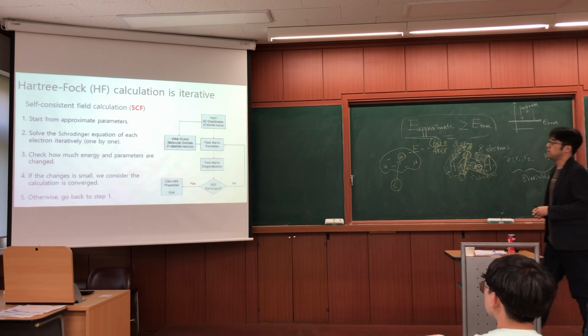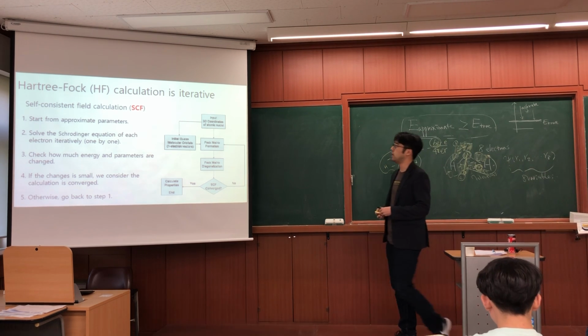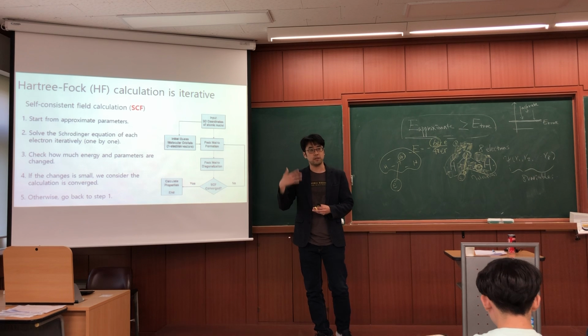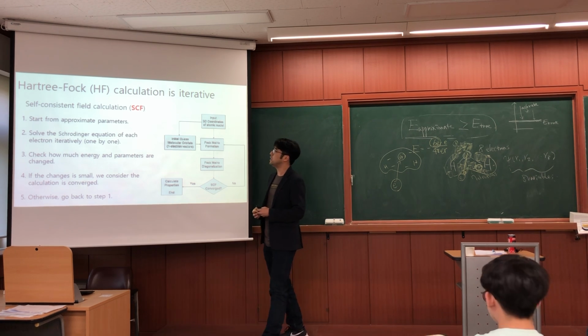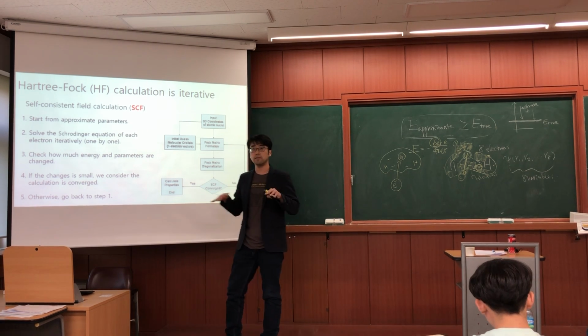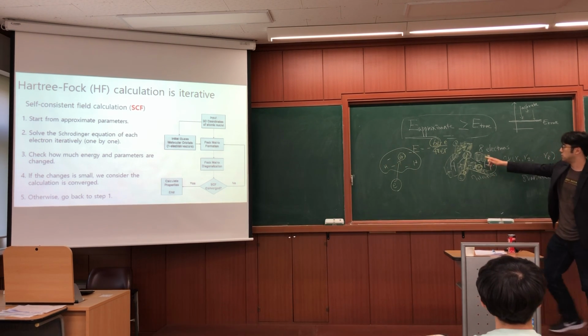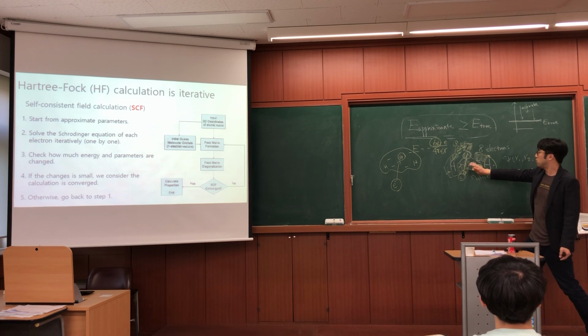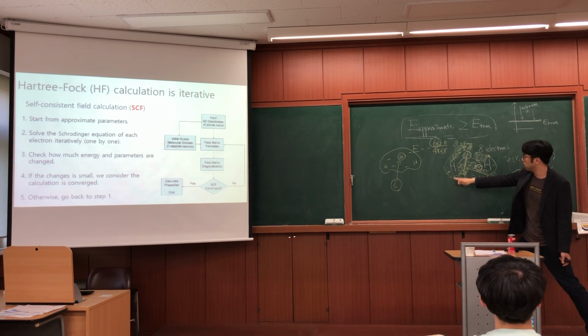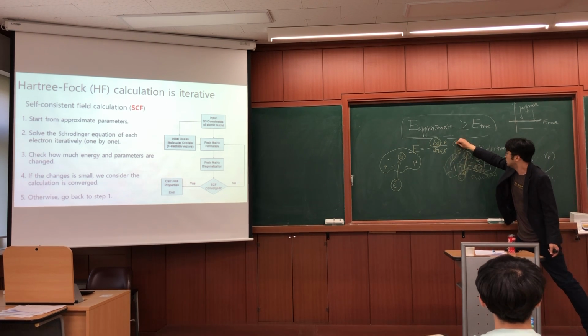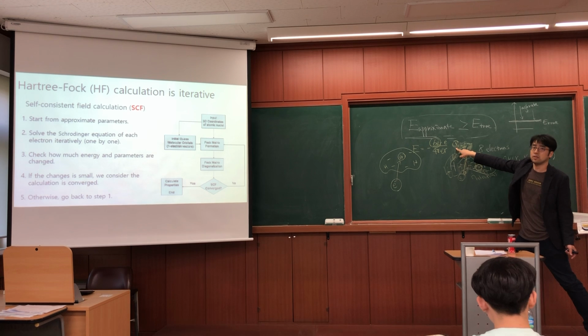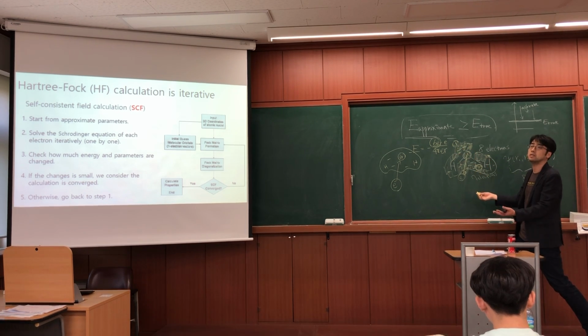The Hartree-Fock calculation is iterative, as I mentioned, and the iterative process is often called self-consistent field calculation. Self-consistent means that, as I explained, for water molecules we solve 8 Schrödinger equations. After that, we can solve the Schrödinger equation of electron number 1 again, based on our previous calculations.